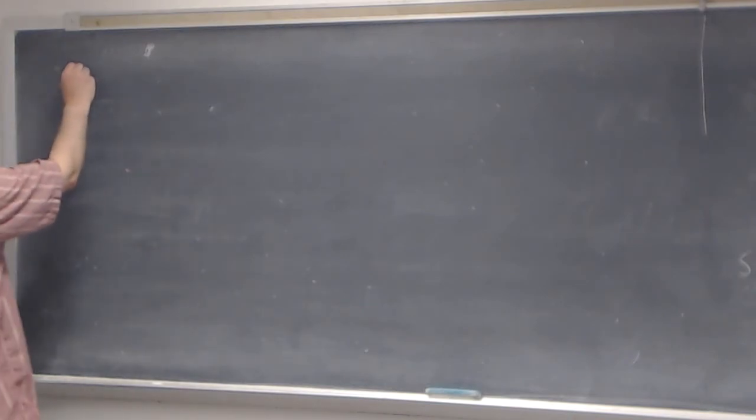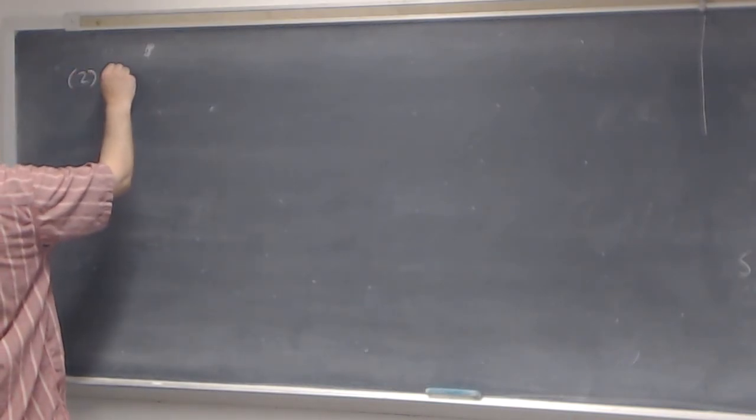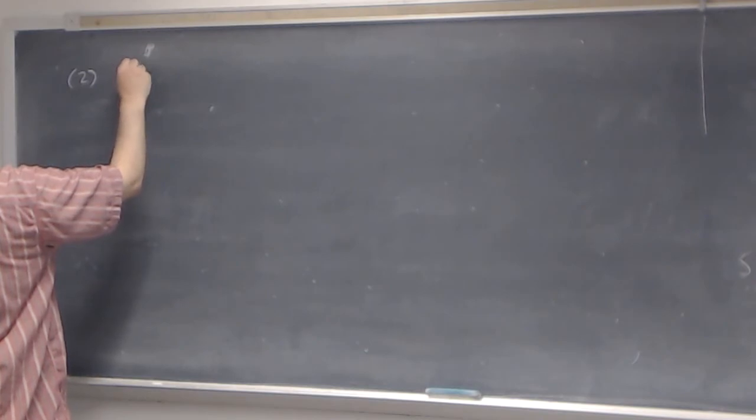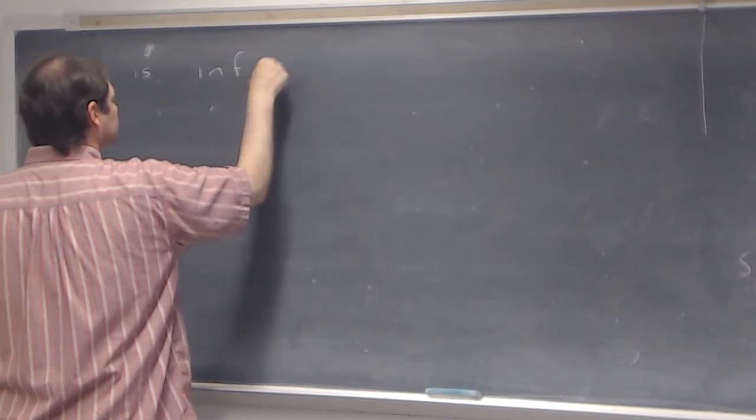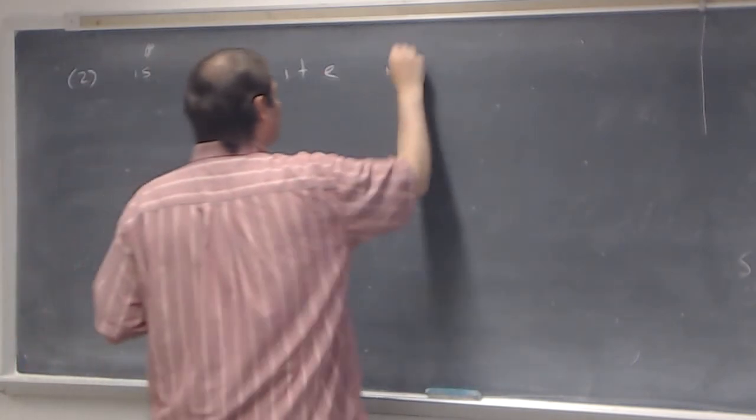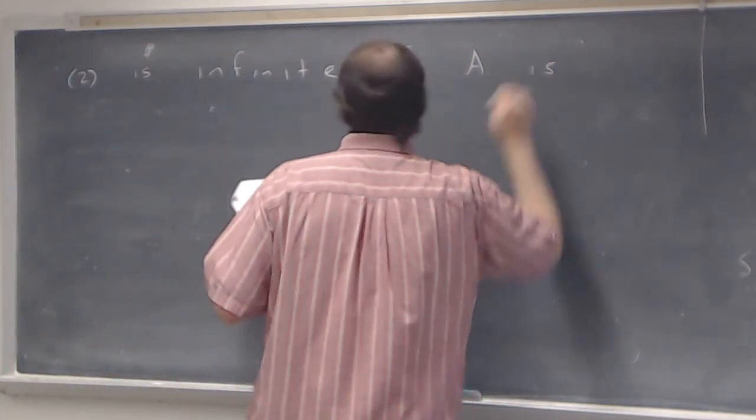That's one definition. Two, A is infinite if A is not finite.